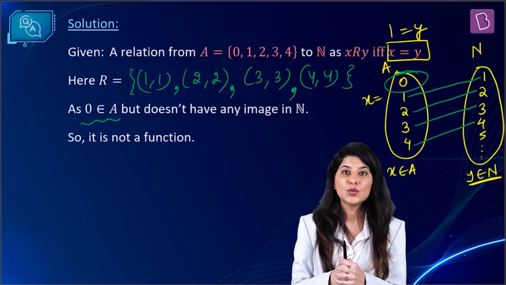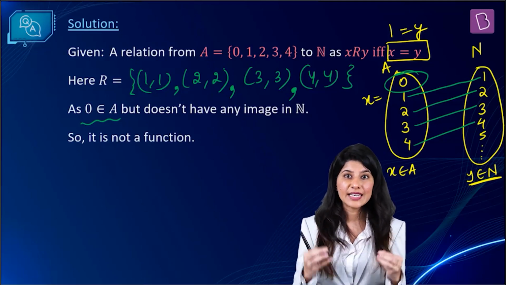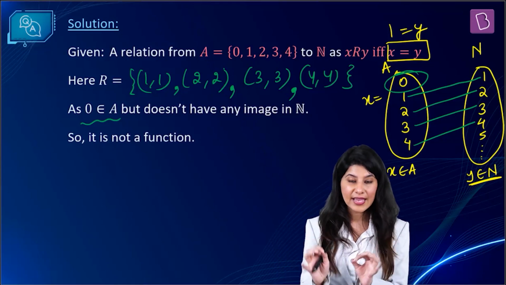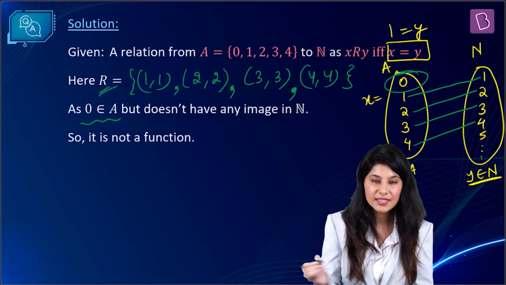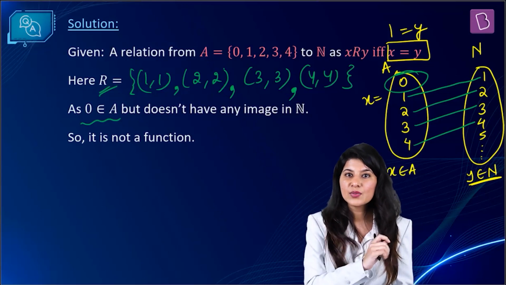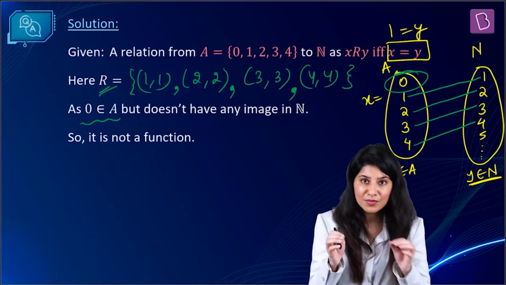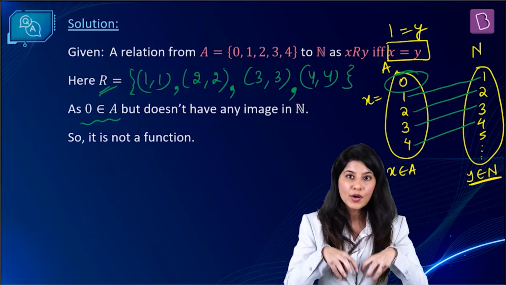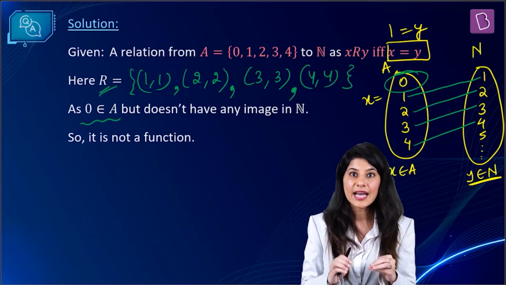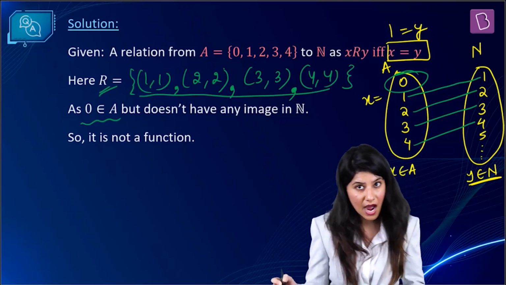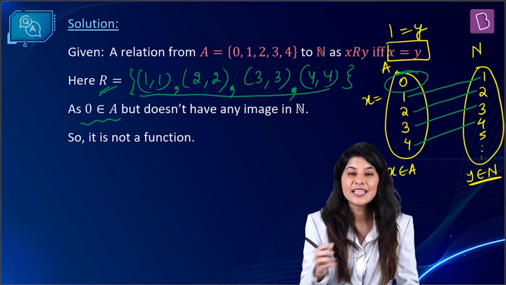Let's talk about R inverse. How do we create R inverse? Right now, I have R with me. Creating R inverse would be a much easier task. What we need to do is place all the ordered pairs inside R inverse which are there in R, but with the order reversed.